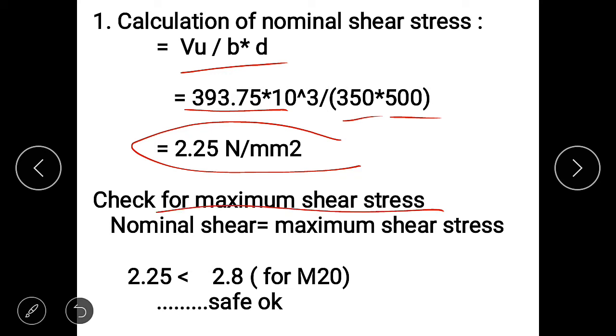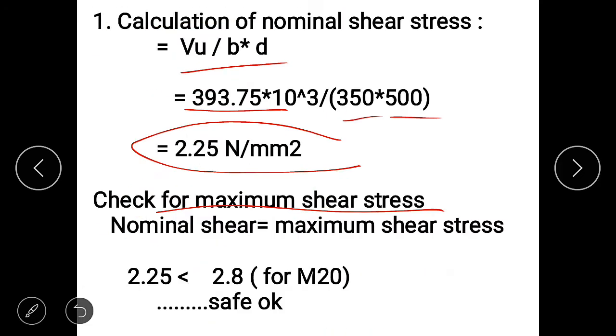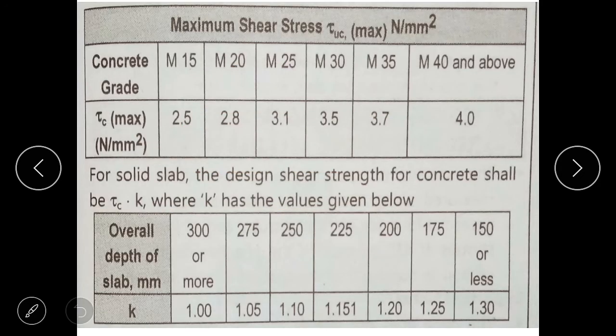Check for maximum shear stress. How to calculate the maximum shear stress? In this numerical, the grade of concrete and grade of steel are not given. So we can assume the grade of concrete is M20 and the grade of steel is Fe415. For grade M20, one table is given for maximum shear stress.